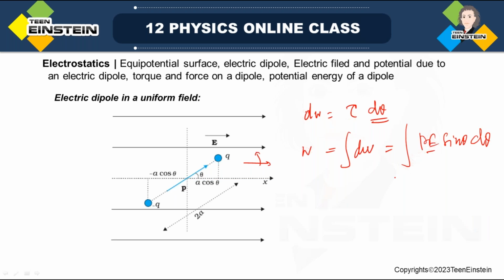So if we take p common, this will be cos of theta, if I take the limits theta 0 to theta 1. We will take cos of theta from theta 0 to theta 1.